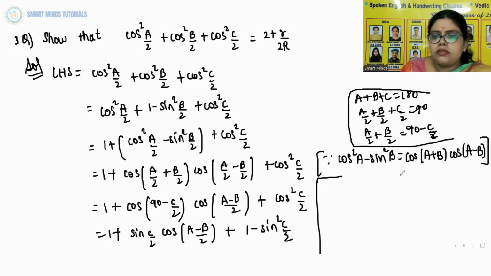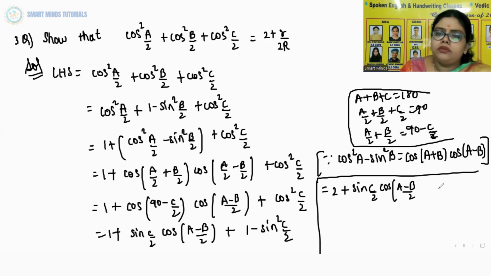So that is 1 plus 1, which becomes 2, plus, first we will write cos (A−B)/2 minus sin square C/2.